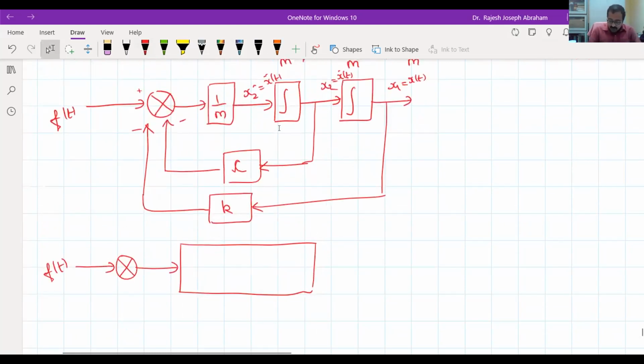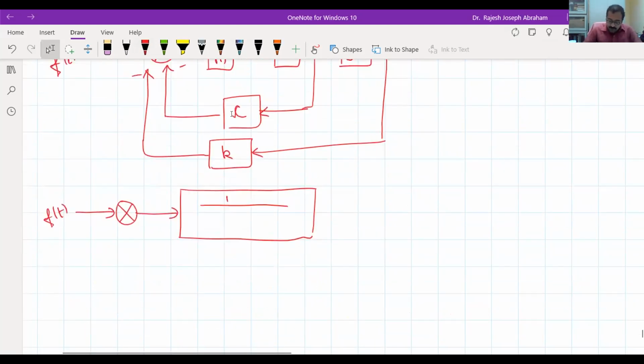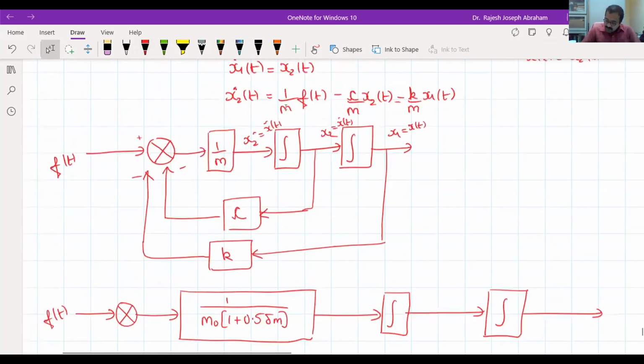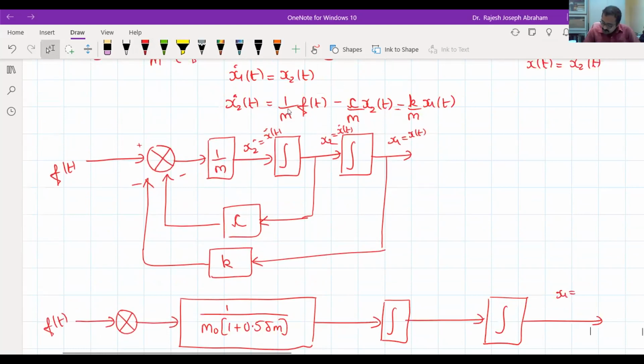What was m? m was m naught into 1 plus 0.5 delta m. Then it goes to an integrator, and another integrator. This is our x of t or x1, this is x2, which is nothing but x dot, and this is x double dot of t, which is x2 dot.